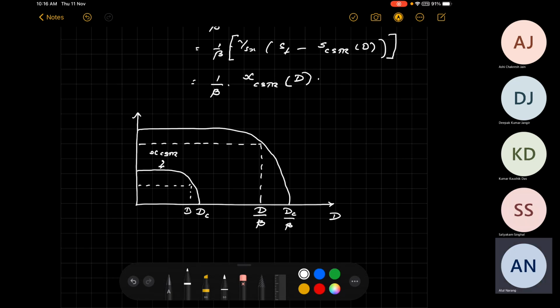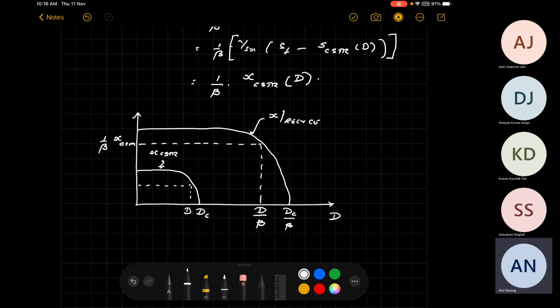At D over beta, this is X recycle, and it will be 1 over beta times X_CSTR. So this is the relationship that we got.